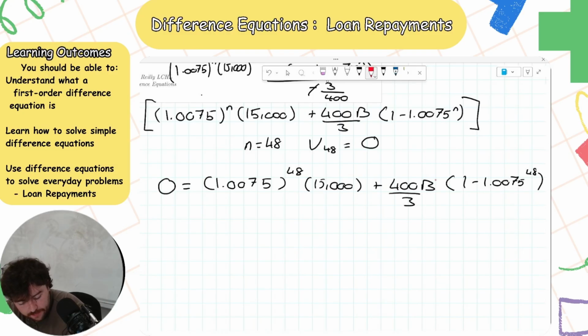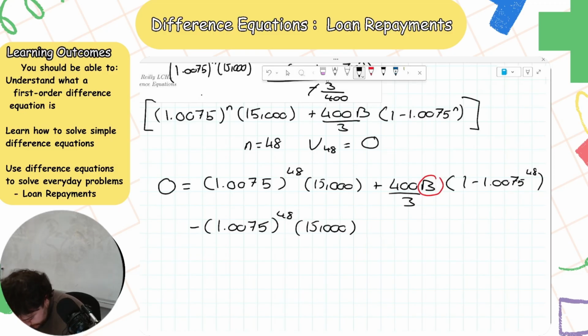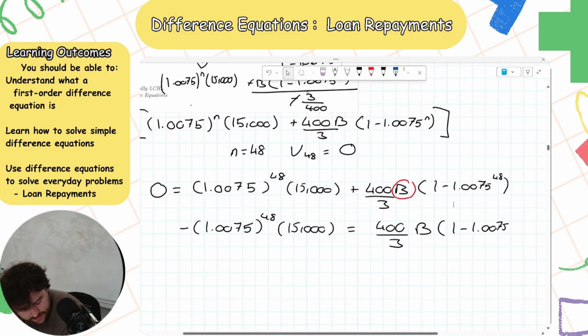We need to get B on its own. So bring things over: minus 1.0075 to the power of 48 times 15,000 equals 400 over 3 B times 1 minus 1.0075 to the power of 48.